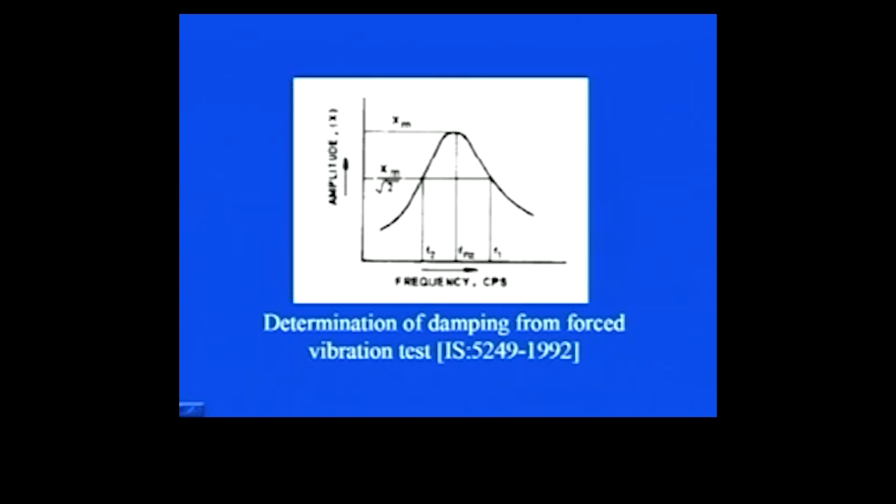Then if I divide it by square root 2 or multiply it by 0.707, it is one and the same thing. Corresponding to that you will get two frequencies. You see here this xm, which is the peak amplitude, and you divide it by square root of 2 or multiply it by 0.707, it gets reduced to this particular level.